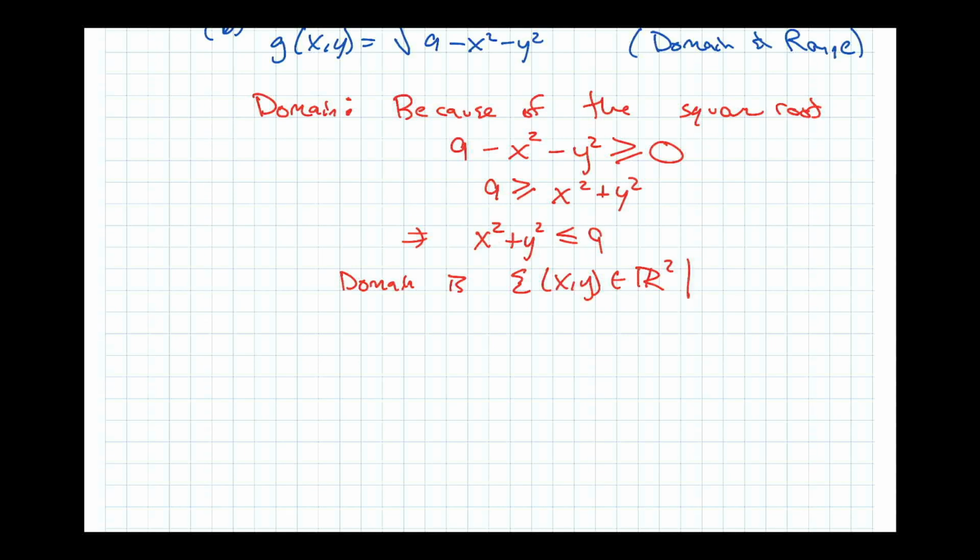You usually just write a vertical line to indicate such that, and then whatever the restriction is. And so the restriction on the x and the y's is that they satisfy this inequality, right? So all you're really saying is all x, y that satisfies this inequality. But this is how you can write it in set builder's notation.